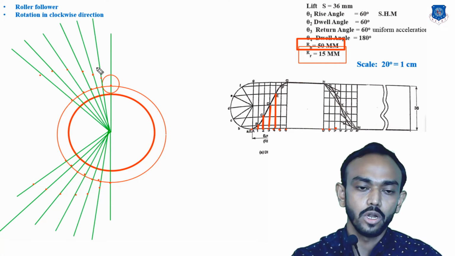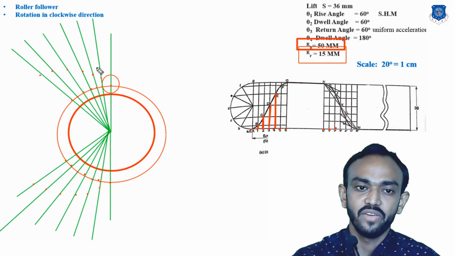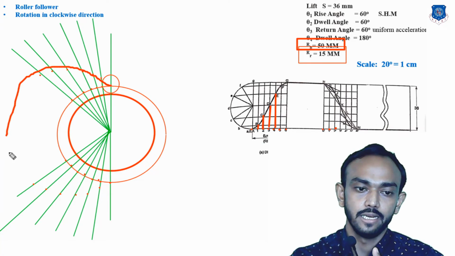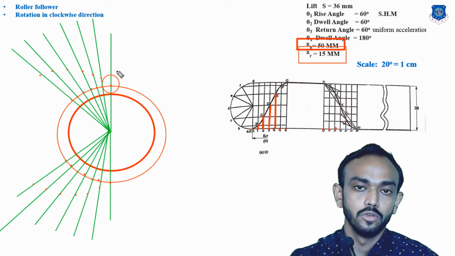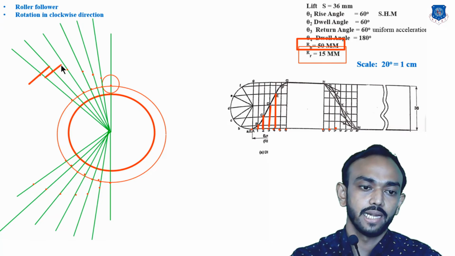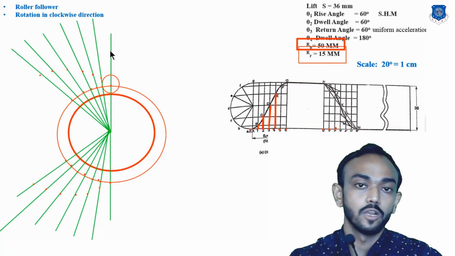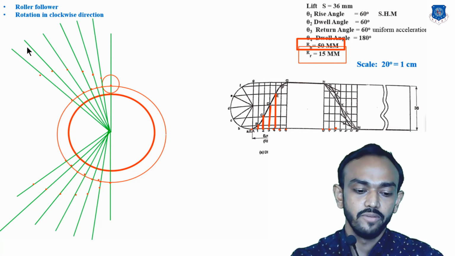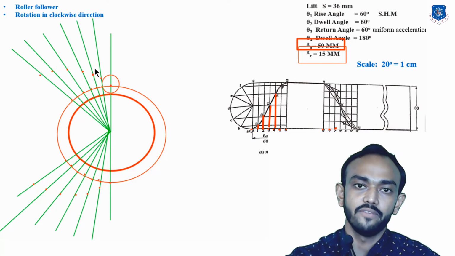Now what you have to do in a roller. In knife edge you directly draw the profile. But in flat face, you make the profile by drawing perpendicular lines at every point. And the same will be in a roller. In roller, the profile of the roller follower is circular, so we will make a circle at every point.